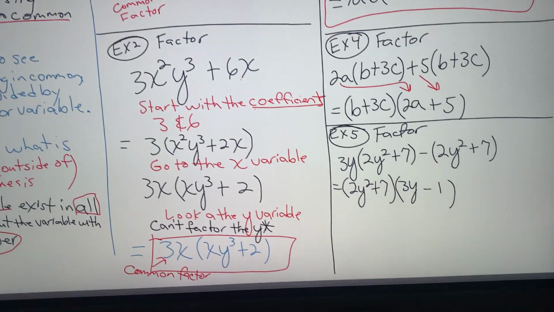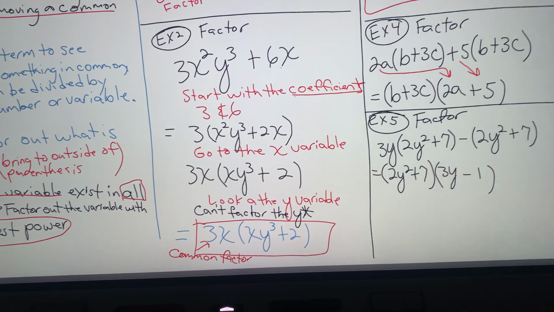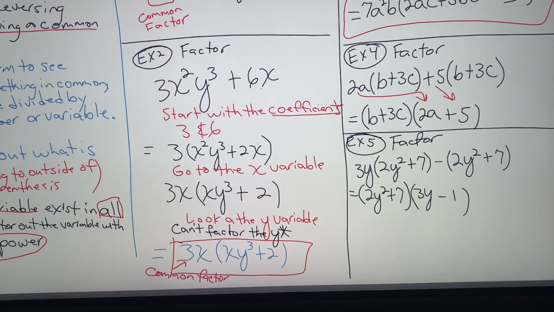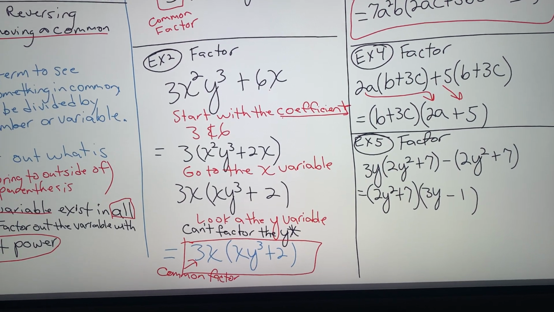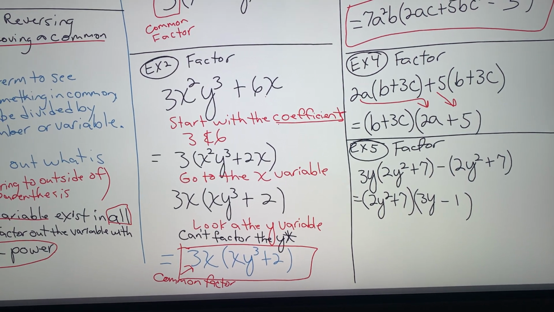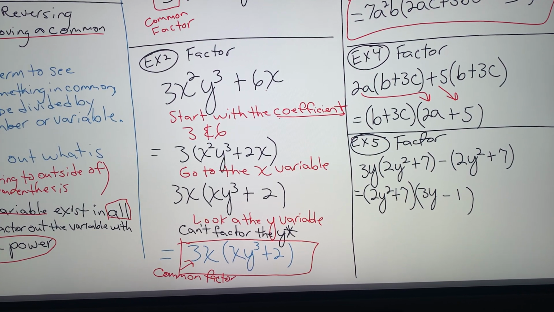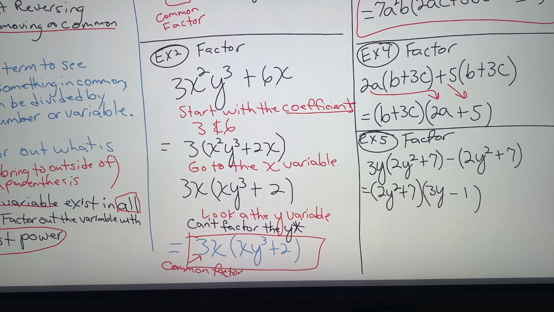And we do the same thing when we're asked to factor other problems as well. We look at each part of it individually. So we look at the coefficient to see if anything can divide into all of the coefficients evenly. If so, we bring that to the outside of the parentheses.